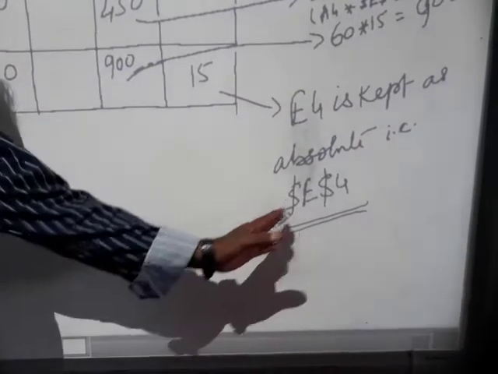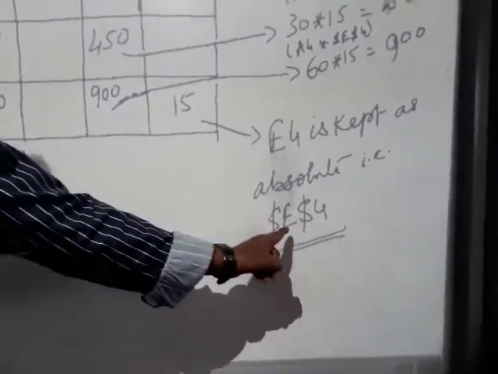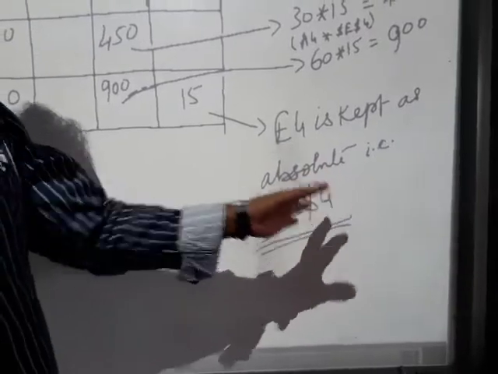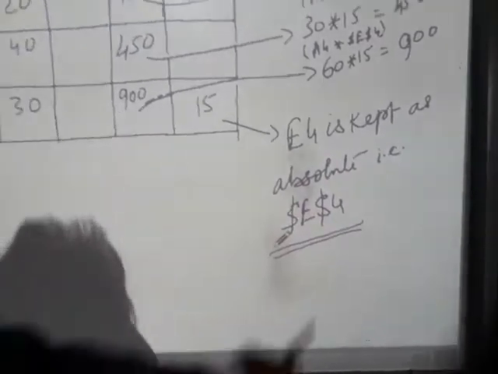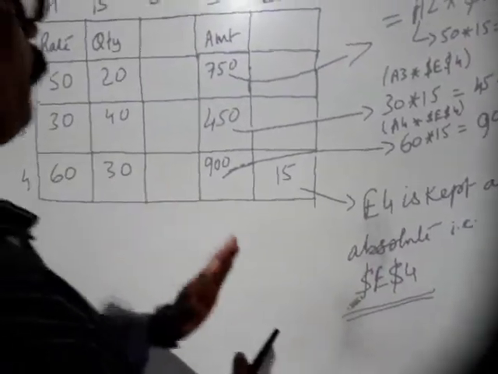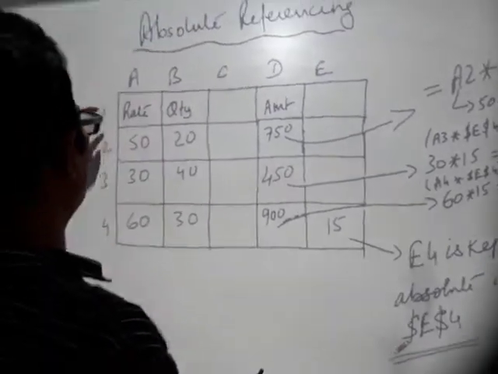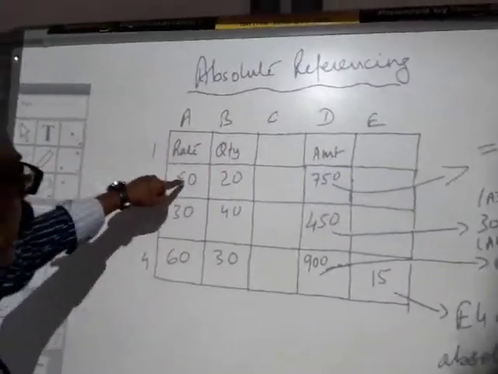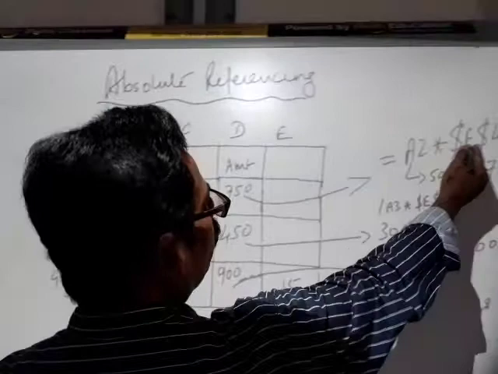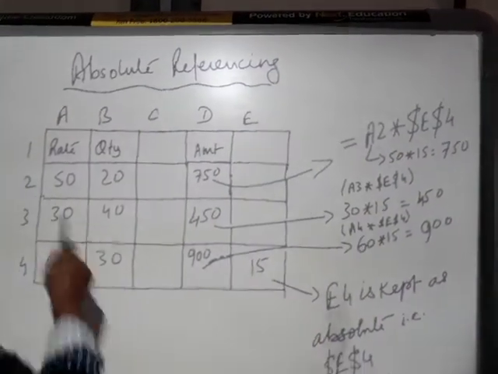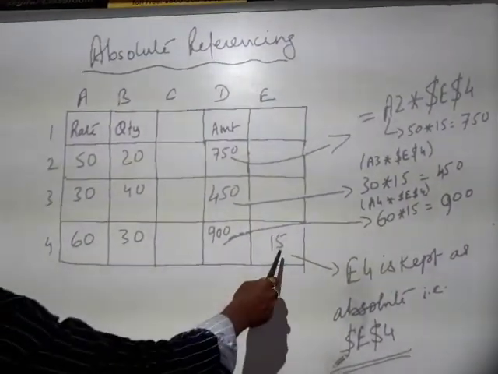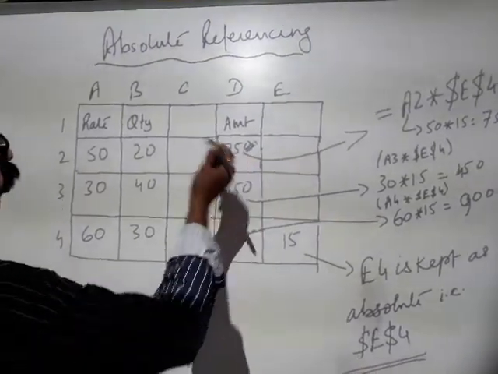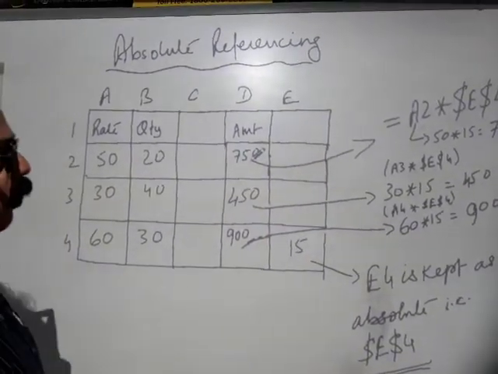The moment we use a dollar before the column letter and the row number, it becomes absolute. So when we use A2, that means 50 into $E$4, that means 15. So 50 into 15 will give you 750. So 750 is stored in D2.